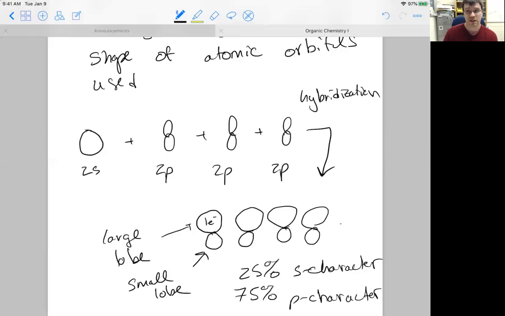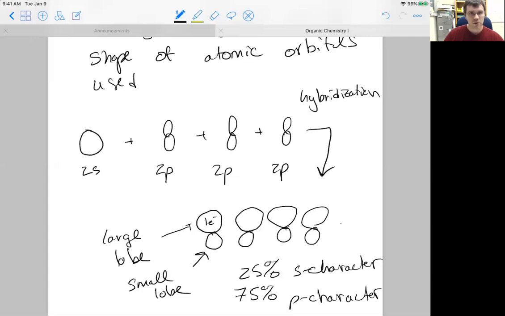So think about the math, 33%, 1/3 S, and 67% or whatever P orbitals. What that means in terms of the shape is that if you computed this on a supercomputer and looked at the actual density of the electrons, the big lobe would be much bigger because it's more S character, or more spherical. I don't want to go into that detail. It's all just a distorted P orbital, distorted dumbbell shape with a fat lobe on the top.